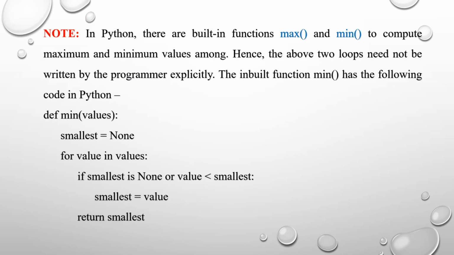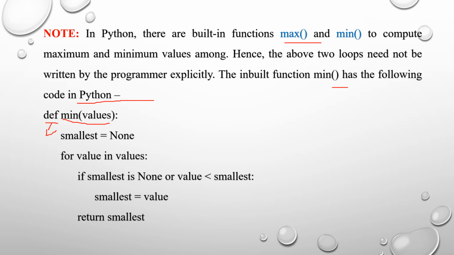Note that in Python there are built-in functions max() and min() to compute the maximum and minimum values among values. Hence, the above two loops need not be written by the programmer explicitly. The built-in function min has the following code in Python. It consists of def min_values. Here def is the keyword and min_values is the function.